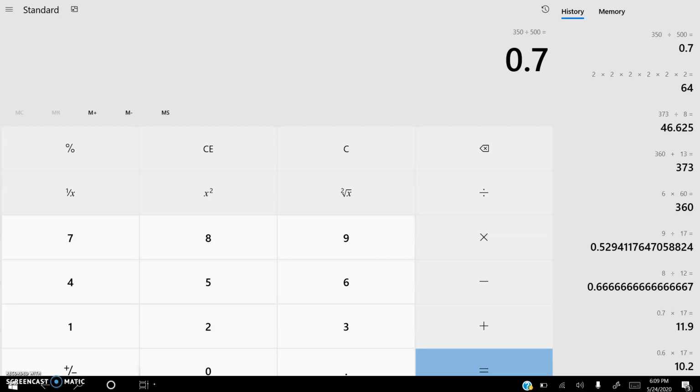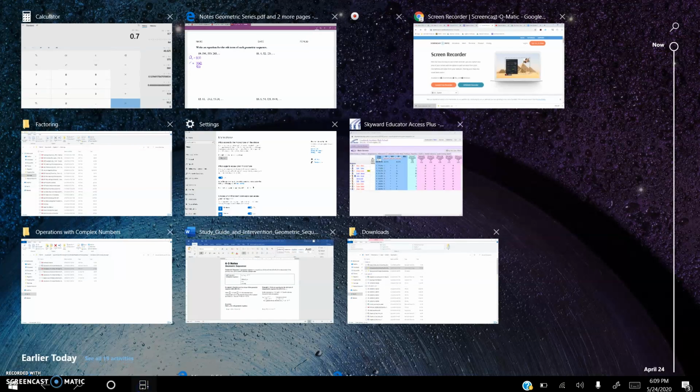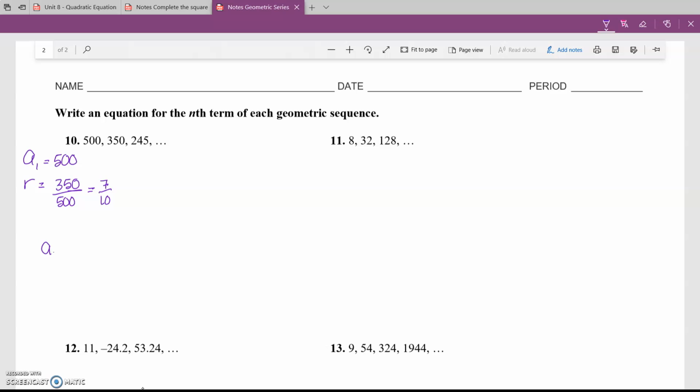So I've got a 7 over 10. So A to the n is equal to my starting point, 500, my r, 7 over 10, raised to the n minus 1.